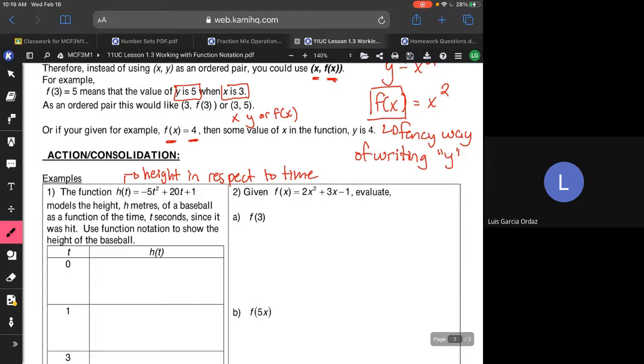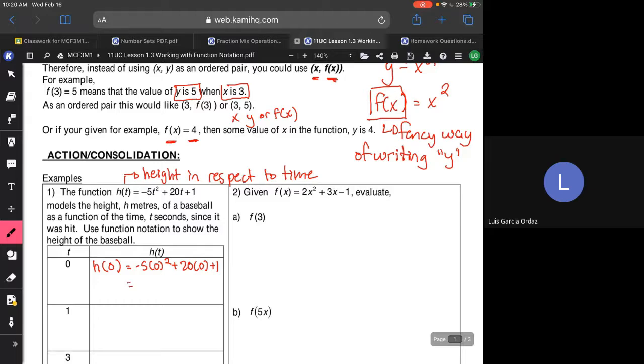So the first t value I want to figure out my height for is 0. To write it as function notation, you would write h, and wherever the t is, you're going to replace it with the number. H of 0 is equal to, now you replace all the t's with 0. You get negative 5 times 0 squared plus 20 times 0 plus 1.